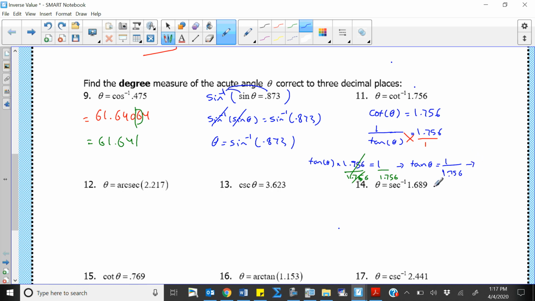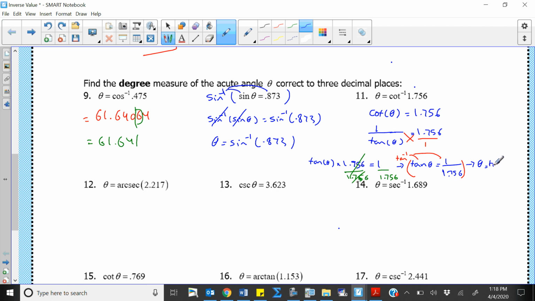Okay, now I'm going to find the theta itself, so I need to use the inverse function. So tangent negative 1 of both sides. So apply this for both sides. These two cancel each other. So on the left side, I'm going to have only theta. And on the right side, I'm going to have tangent negative 1 of this value.